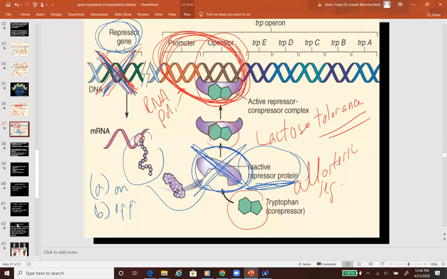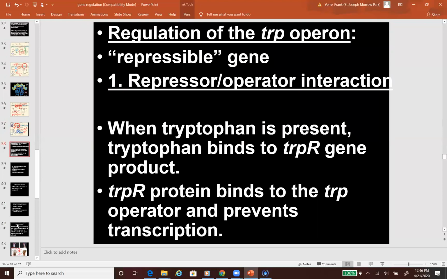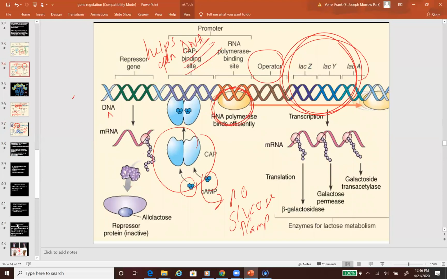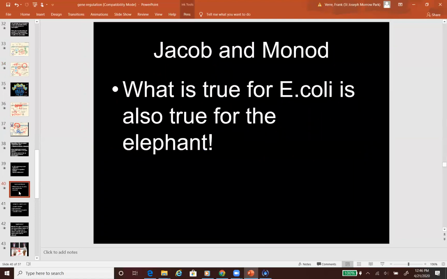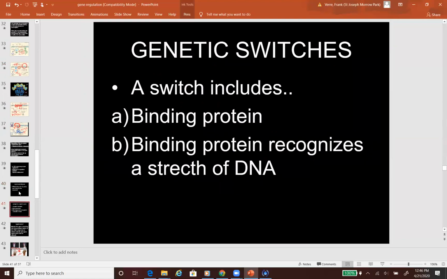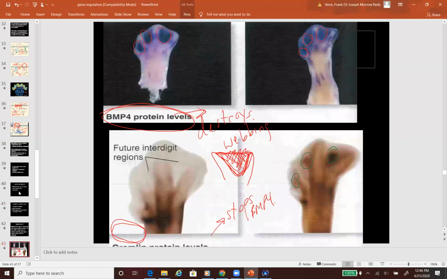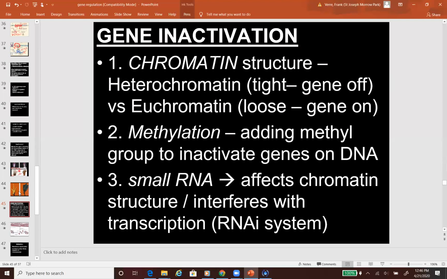Even further up, you can see, for example, the cap binding, like you can see it's that section that's not being transcribed and translated, right? Binding there offers the ability to regulate these genes. Okay, and that's the big idea of how these switches work. But it's not the only way gene regulation works. That's the big idea, but there are a few other things that are really important.